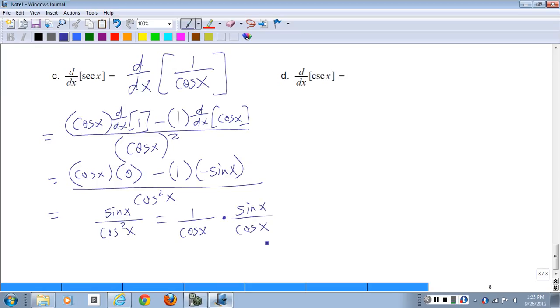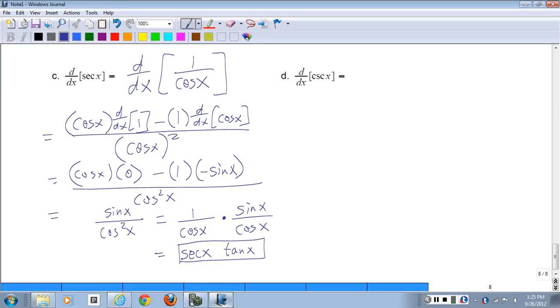The idea being, let's see if we could write it so that it doesn't involve a fraction. And then 1 over cosine x is secant x. And better yet, where it does involve the original function secant x that we're trying to differentiate, times tangent x.